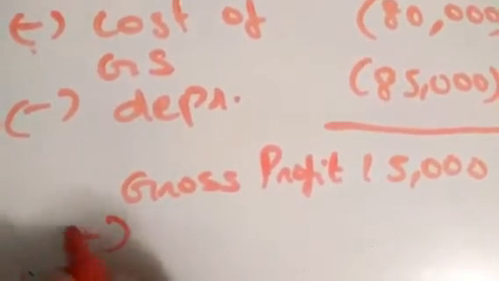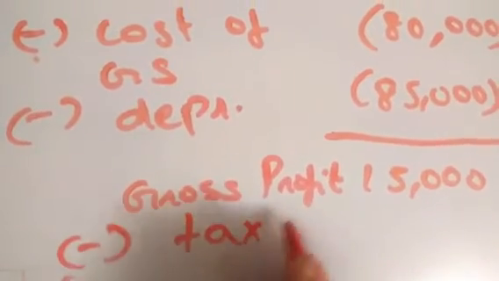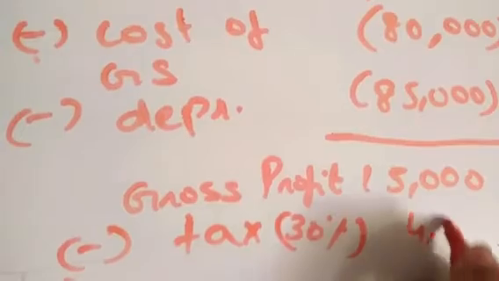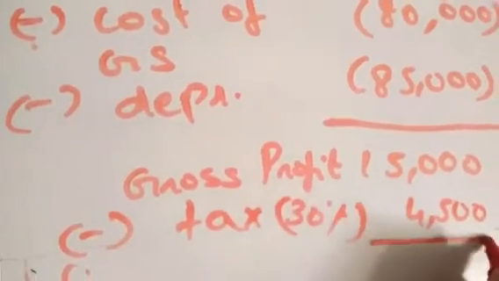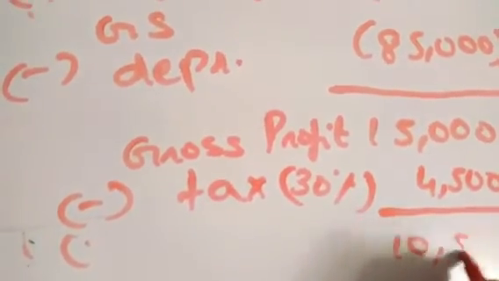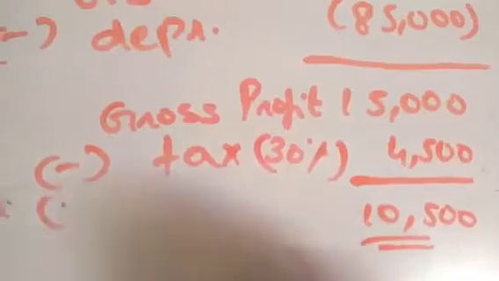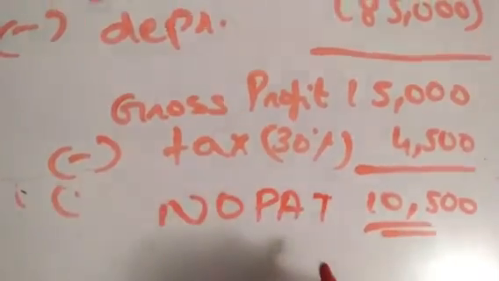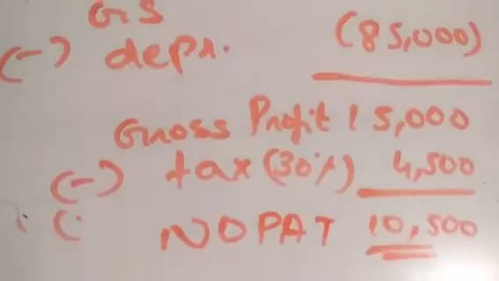And from gross profit, we are deducting the tax, which is 30%. So we are deducting 4,500, and we get the amount 10,500. So this 10,500 is our NOPAT, that is net operating profit after tax. I'll explain once more.